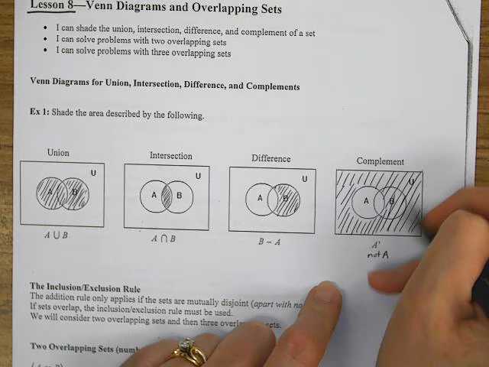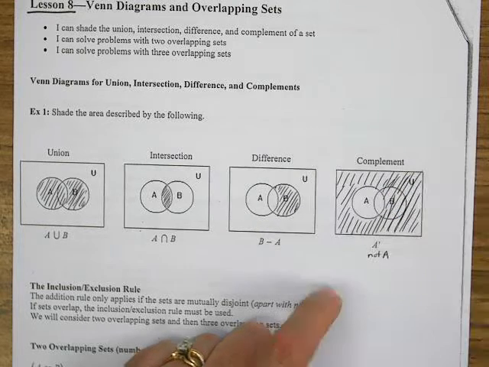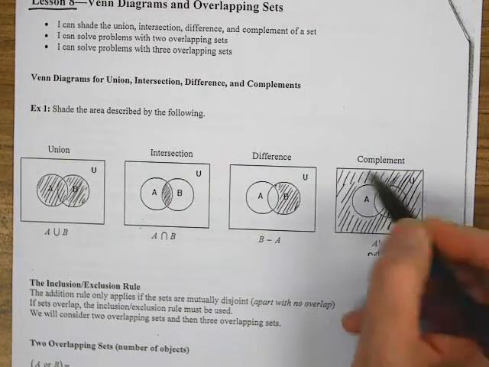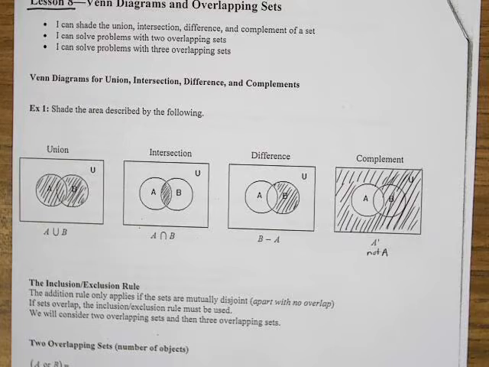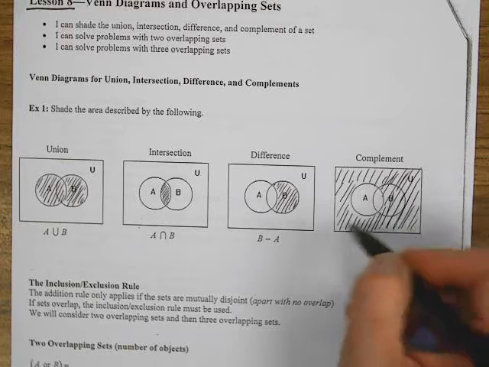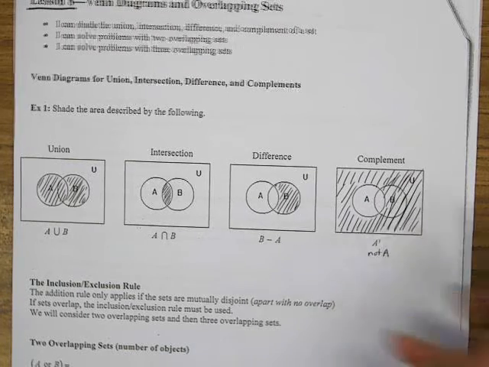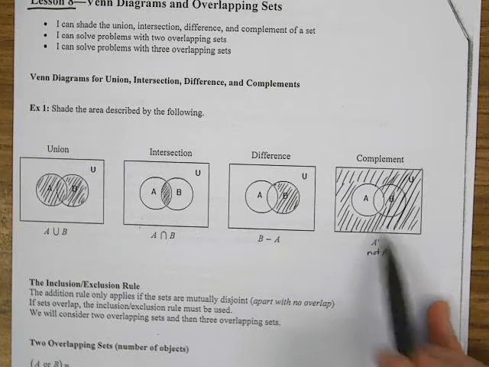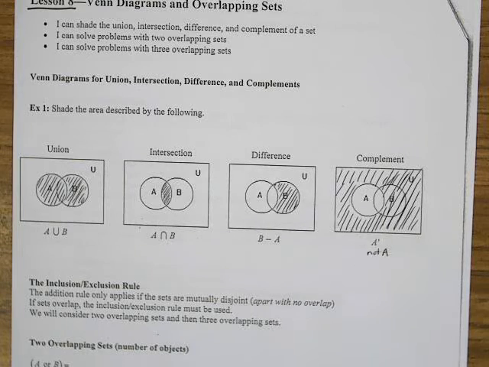And that's exactly what we were doing with the probability, right? If these represent the same marbles, then everything out here would represent different marbles. All right, if this was no repetition, this would represent at least 1 repetition. Together they make up everything, but we would shade if we want not A, that's the complement.